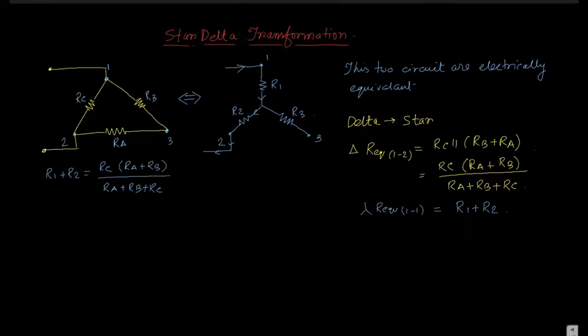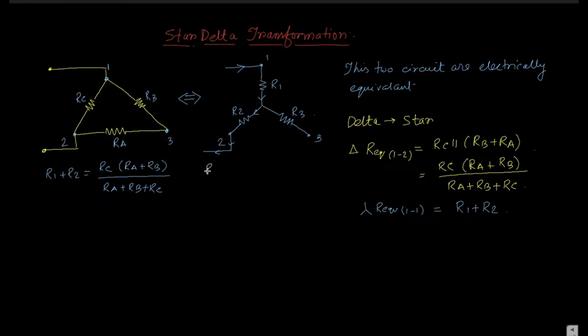Similarly, if 2 and 3 are connected, RC and RB are in series and in parallel with RA. So it becomes RA times RB plus RC, divided by RA plus RB plus RC. That is the equivalent resistance for the delta. For the star, if 2 and 3 are connected, it becomes R2 plus R3.